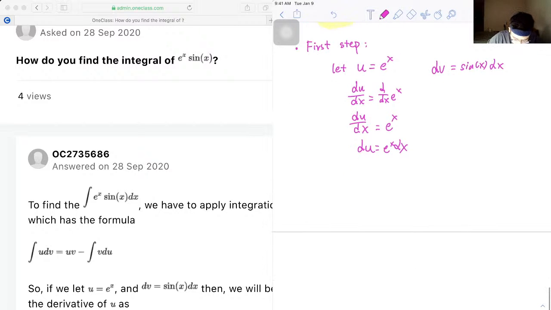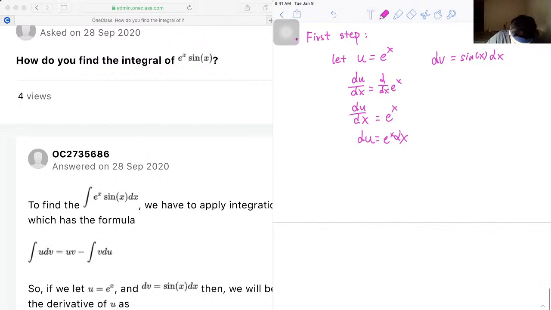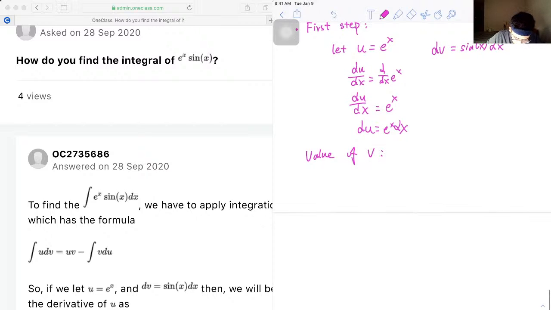And the value of v, we have integral dv, which is equal to integral sine x dx.